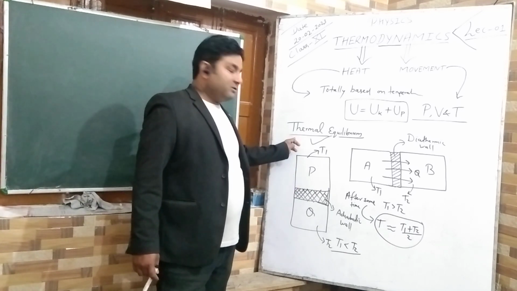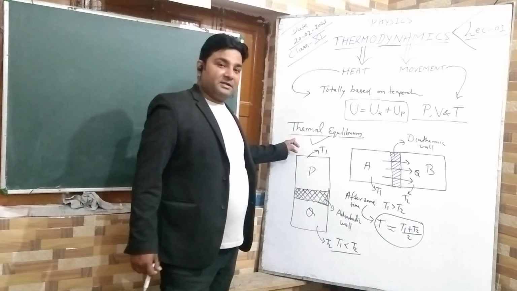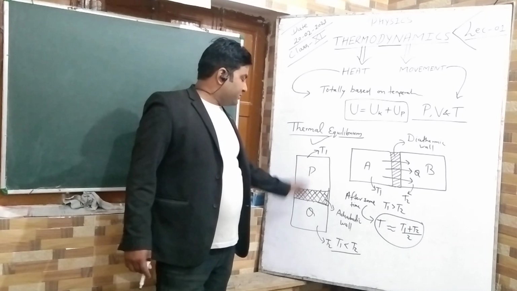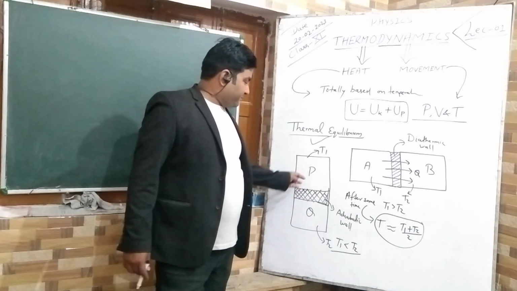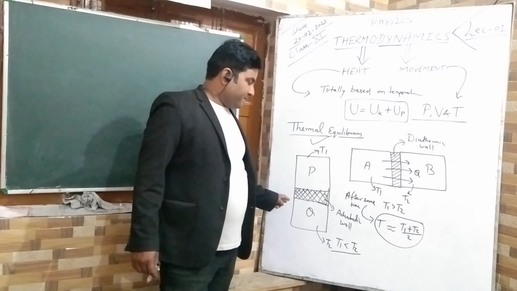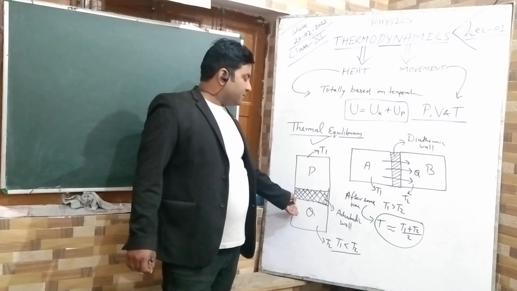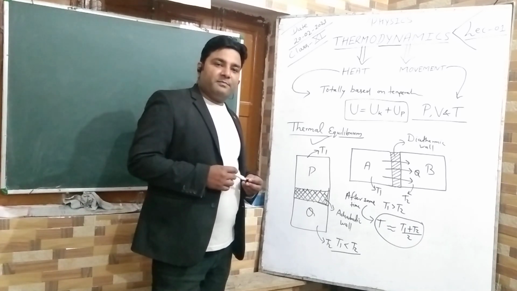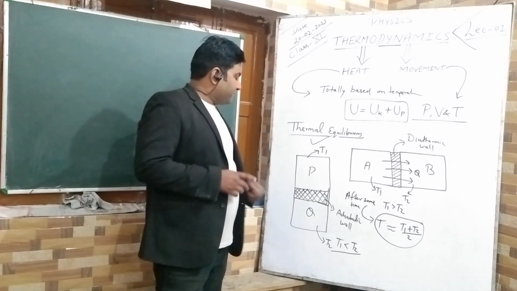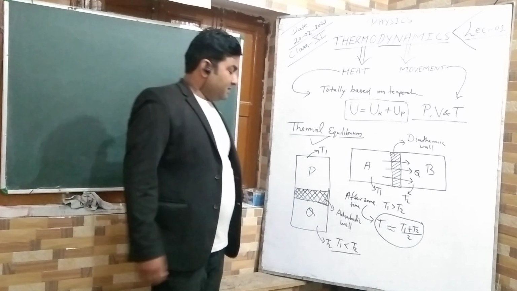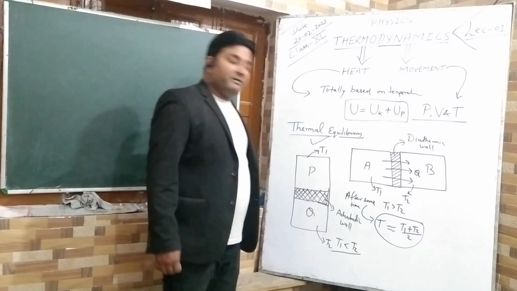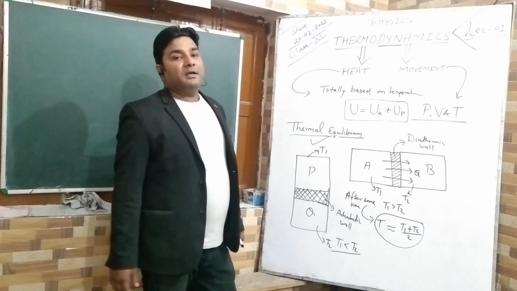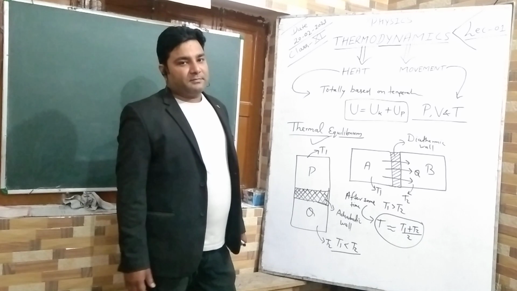They do not achieve thermal equilibrium because there is no chance of transferring heat from P to Q or Q to P. Heat from P to Q is impossible because the temperature of body Q is greater than body P. So if there were a chance of transferring heat, it would occur from Q to P. But an adiabatic valve means a valve or medium that does not allow heat to pass from one body to another through it.